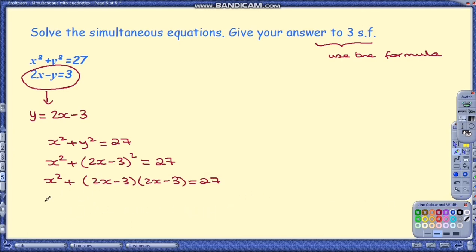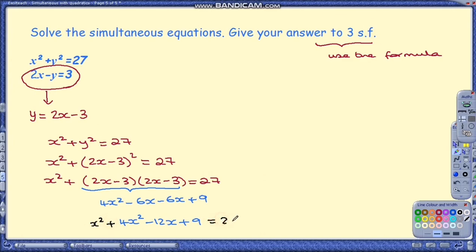Yep, expand and simplify. So that's going to give me 4x squared minus 6x minus 6x plus 9. And that's 4x squared minus 12x plus 9. And then don't forget to bring down the x squared.